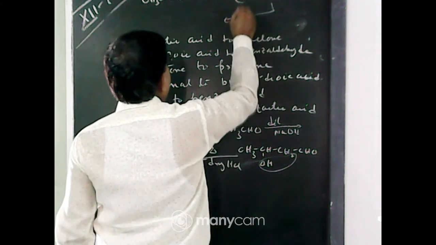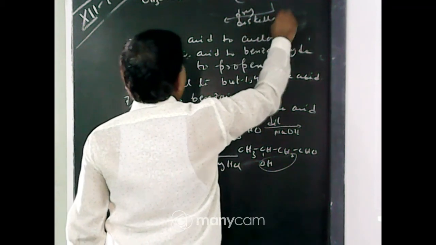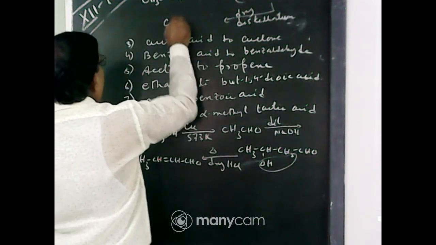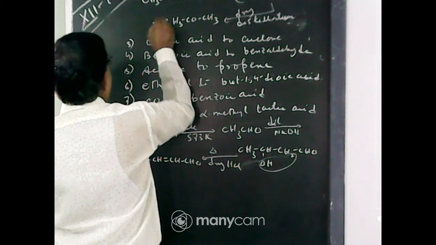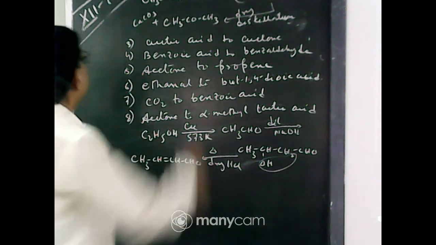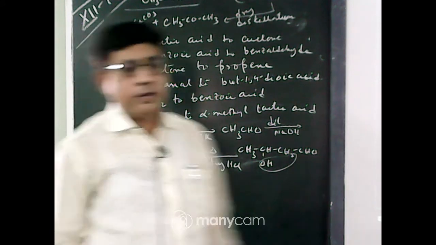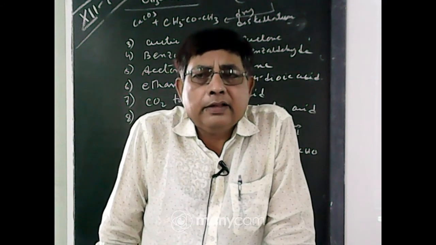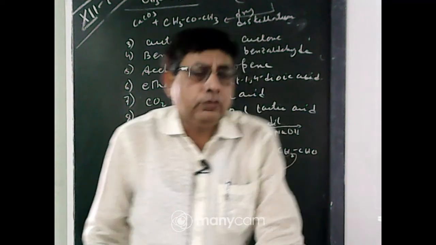This calcium acetate undergoes dry distillation. Dry distillation means heating in absence of air. It forms acetone CH3COCH3 plus calcium carbonate. So acetic acid first reacts with base calcium hydroxide to form calcium acetate. This calcium acetate on dry distillation gives acetone.